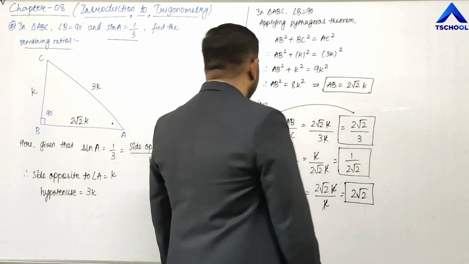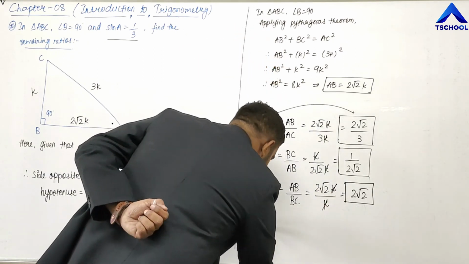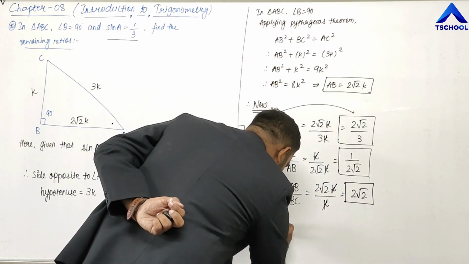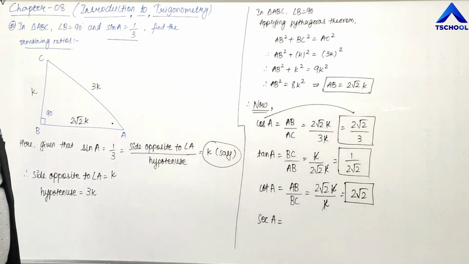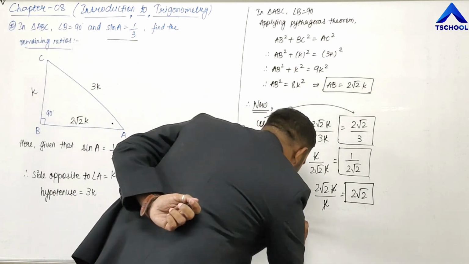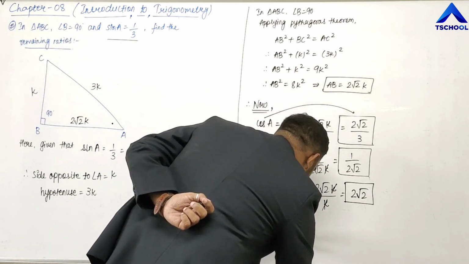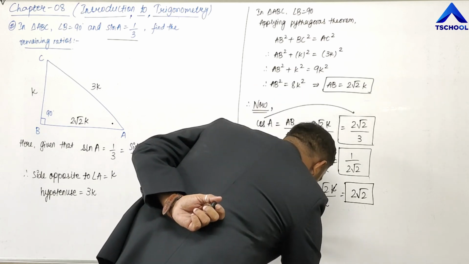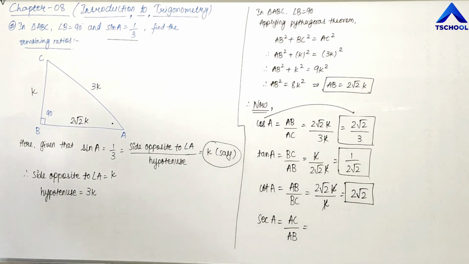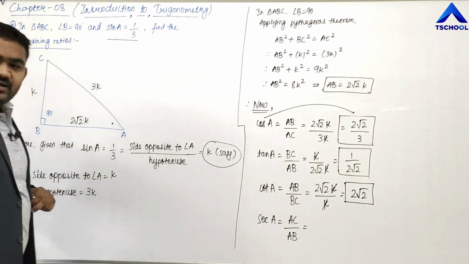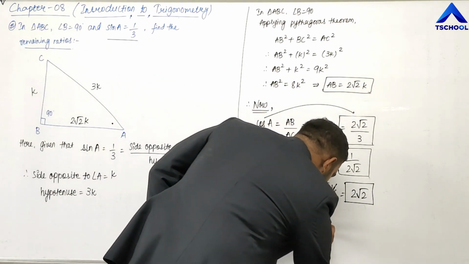The fourth one that we require is sec A. Again, what is sec A? Hypotenuse upon side adjacent to angle A. So what is hypotenuse here? AC upon side adjacent, that is AB. So AC is 3k, and AB is 2 root 2 k.